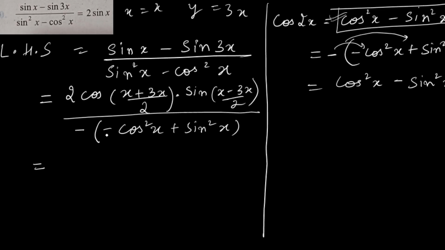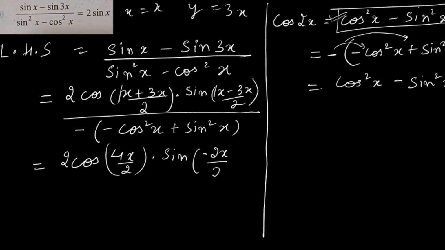Okay, so now let's solve it further. On this side I'm getting 2 cos, so this will become x plus 3x, that is 4x, by 2, into sin, so this will become x minus 3x, so minus 2x by 2. Plus minus is minus, and the minus sign is with the greater number, so the answer will also be negative.